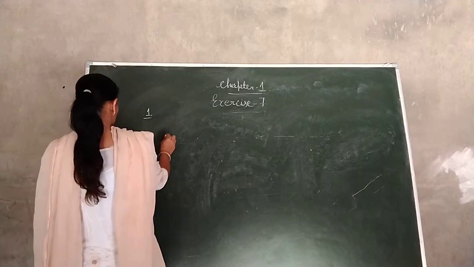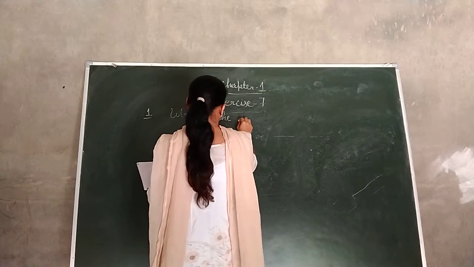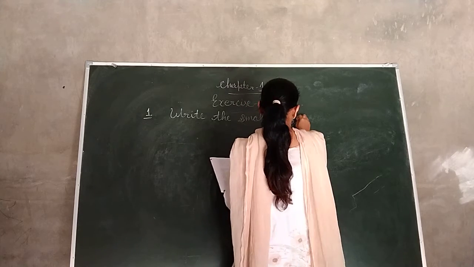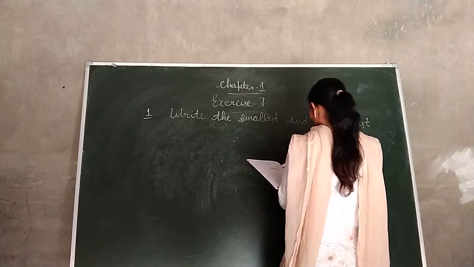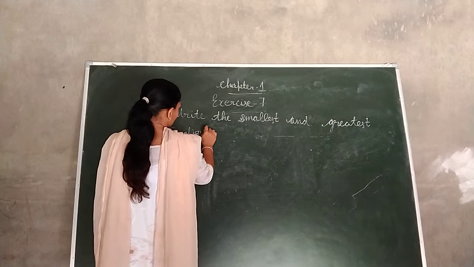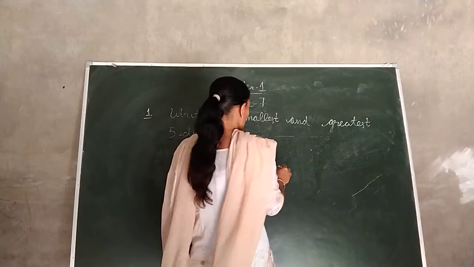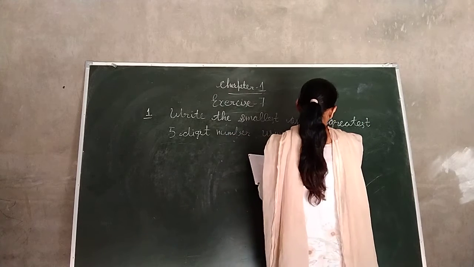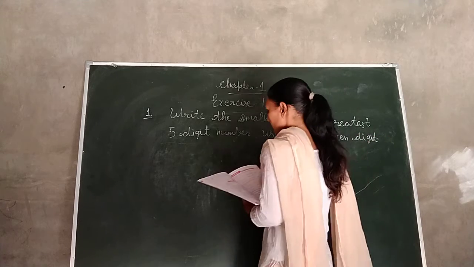First question is, write the smallest and greatest five-digit number using the given digits, each only once.